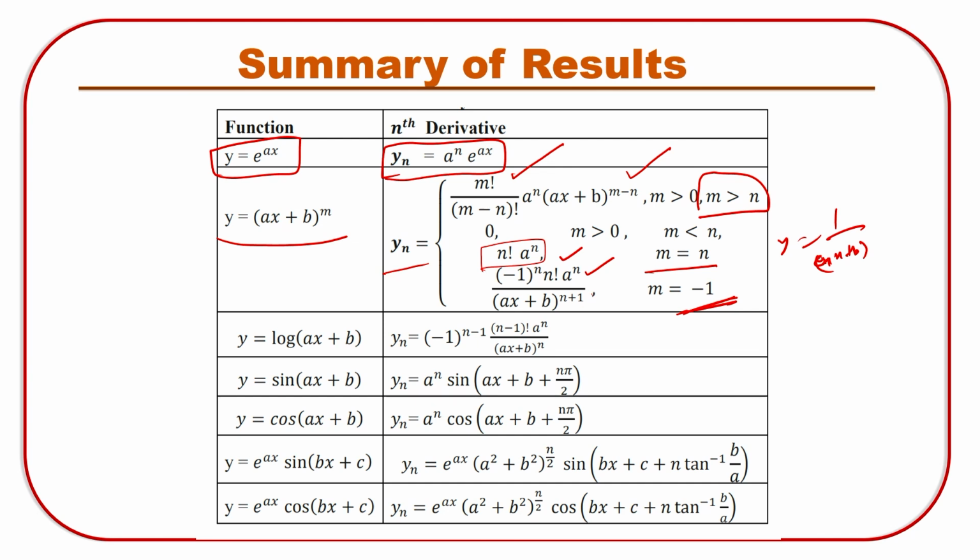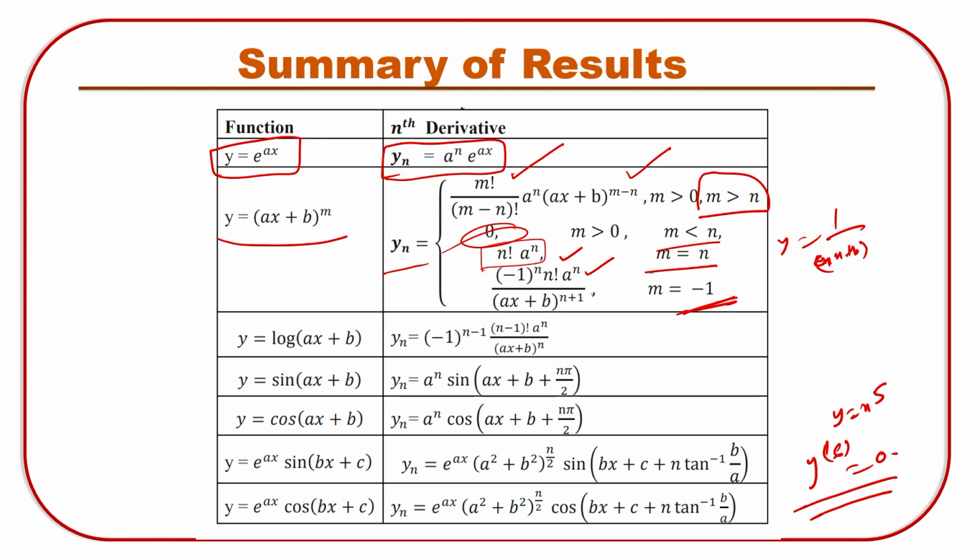And if m is greater than 0 and less than n, then the nth derivative is going to be 0. We have seen, for example, y equal to x^5 and y_6 is equal to 0, right?